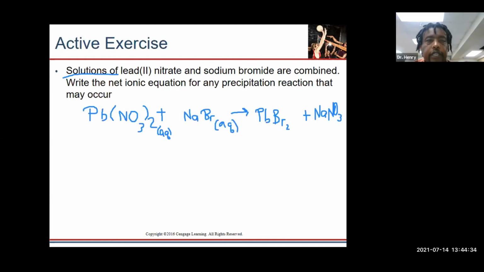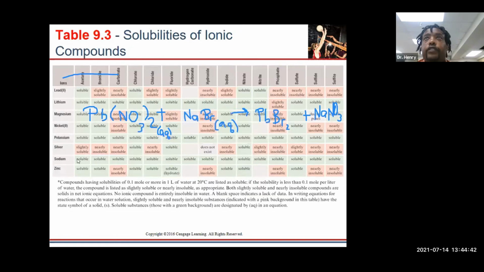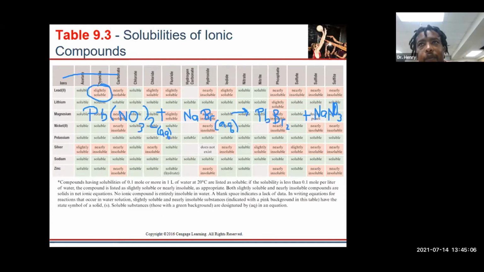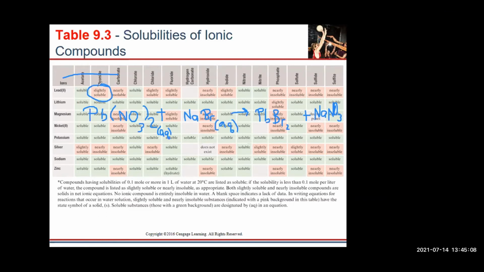So let's take a look to see which one is going to form a solid and which one isn't. If we go back to that table, we have lead 2 bromide. You guys see it on that table? Lead 2 and bromide: slightly soluble. So what does that mean? Do I put an S by it or an AQ by it? An S, that's right.